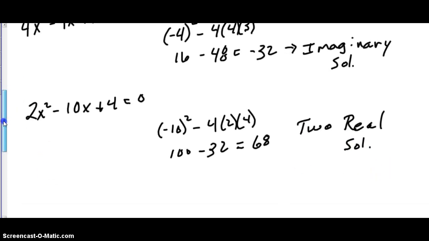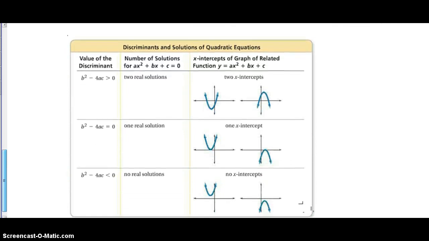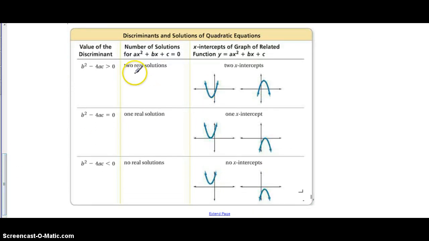When we graph these quadratic equations, you will see that when they have 2 real solutions, these graphs are going to cross the x-axis. Same thing here, they're going to cross here and here. That's why we're going to have the 2 real solutions. A special case of real solutions is when the graph bounces right off the x-axis.